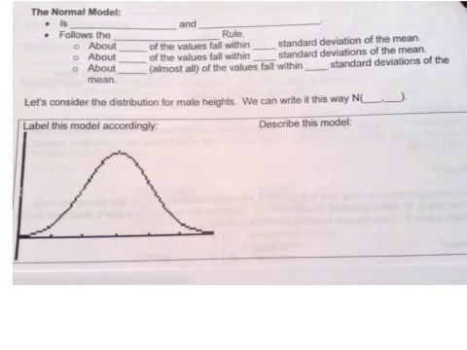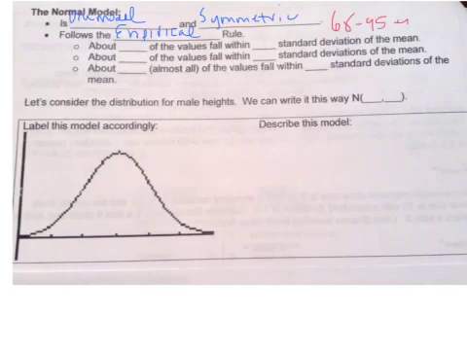Okay, the normal model is unimodal and symmetric. So therefore, it follows the empirical rule. The empirical rule is also known as the 68, 95, 99.7% rule.